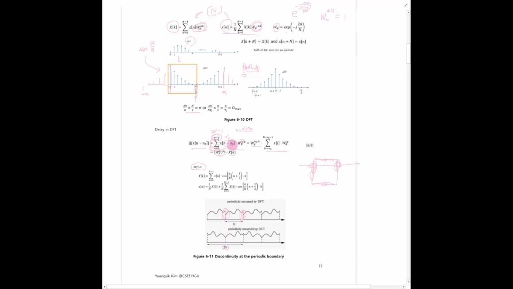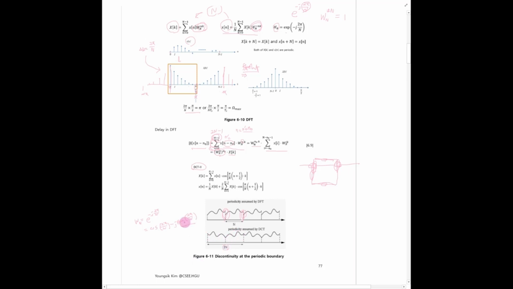We are using the complex exponential. W_N is exp of minus j 2 pi over N. This complex exponential has cosine 2 pi over N plus j sine 2 pi over N. But if you look here, this one is an even function, but sine is an odd function.